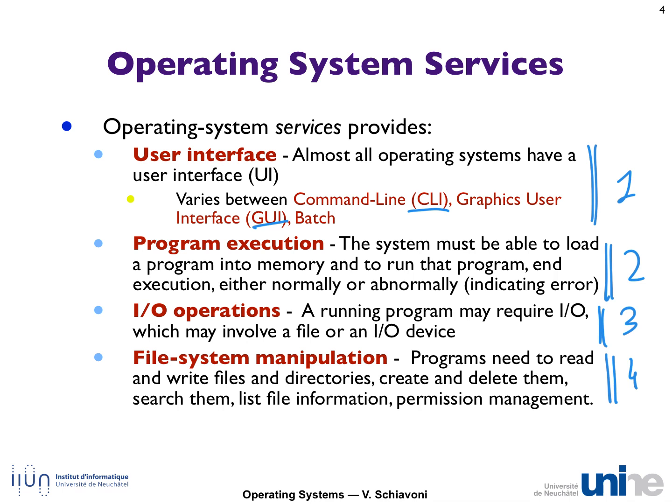And this is because programs need to read and write files and directories, create and delete them, search for files, list metadata regarding those files, and control who can access a given file, which group of users can do that. So this is one of the services that is implemented by an OS.